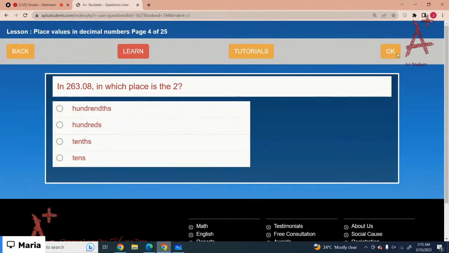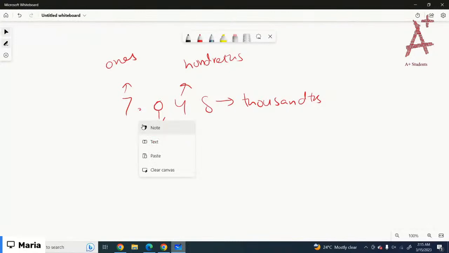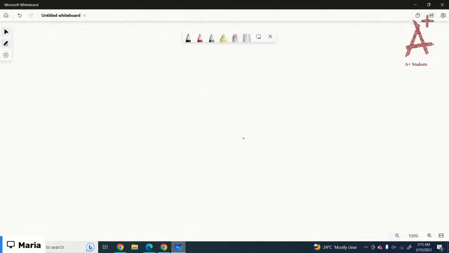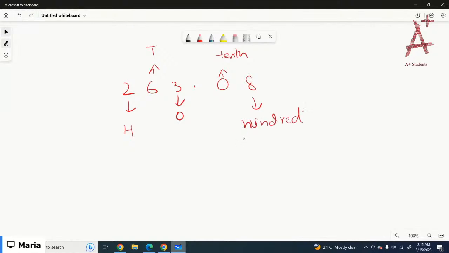In 263.08, in which place is the 2? Okay, you need to see 2 is at which position? 263.08. 3 is at the ones position, 6 is at the tens position, and 2 is at the hundreds position. 0 is at the tenths position, and 8 is at the hundredths position.